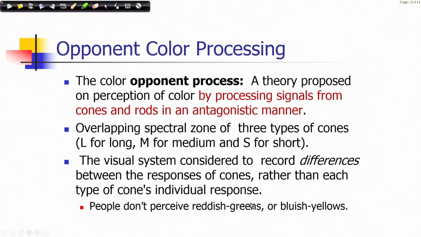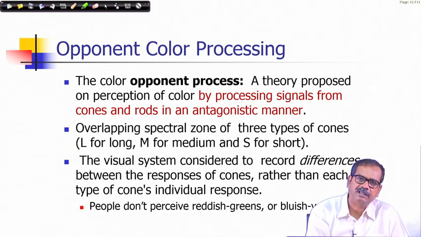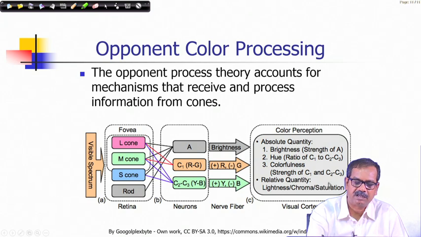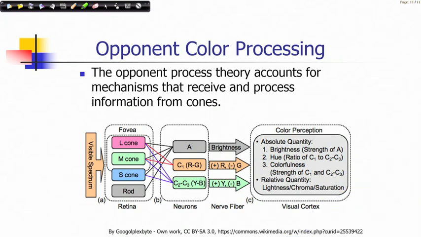This is supported by the psychovisual phenomenon that there is hardly any perception of reddish green. We cannot talk about reddish green or bluish yellows in our color perception. So from there these opponent color processing theories were developed.